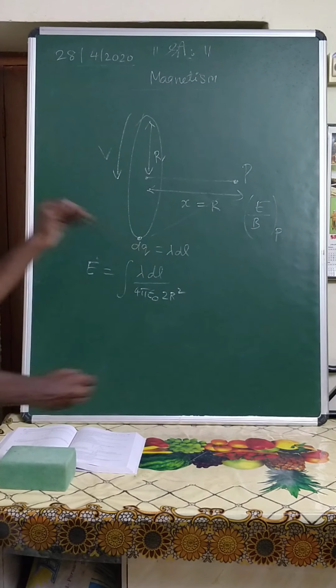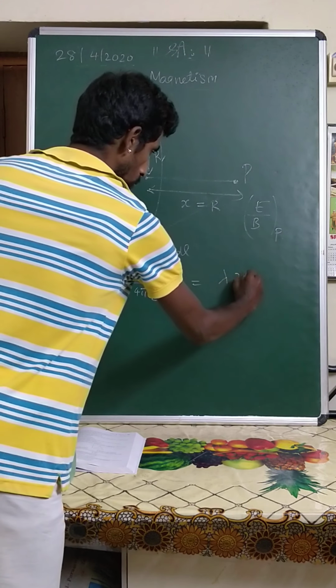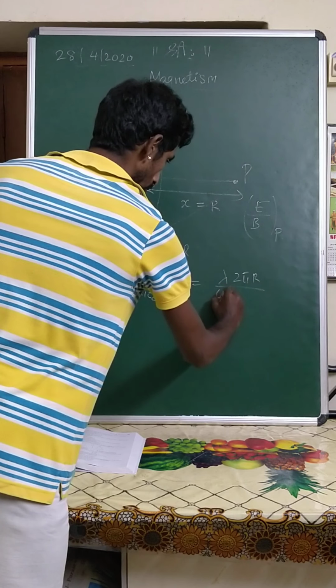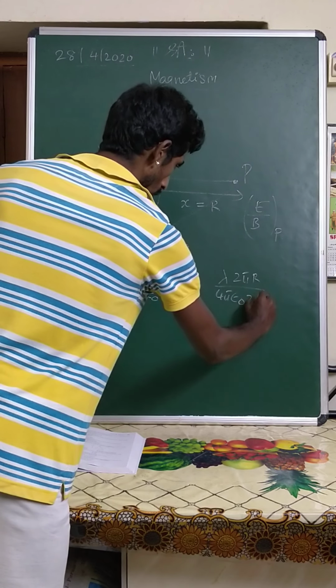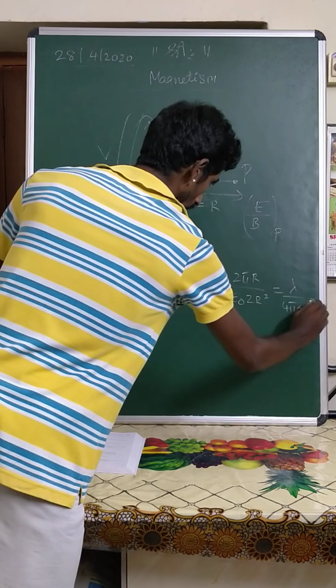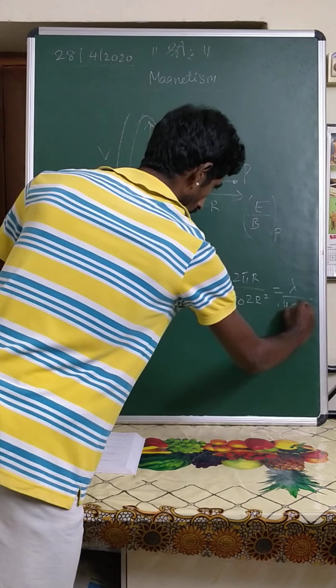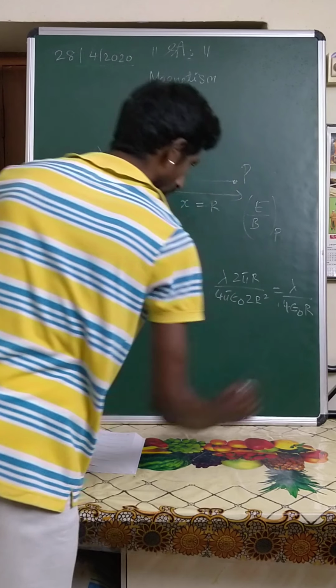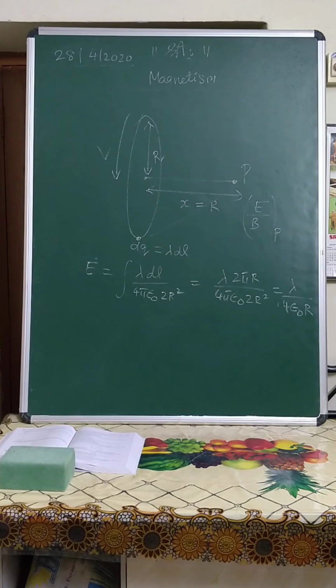On integrating we get lambda into 2 pi r by 4 pi epsilon naught 2 r square, which is lambda by 4 epsilon naught r, as pi and 2 cancel.